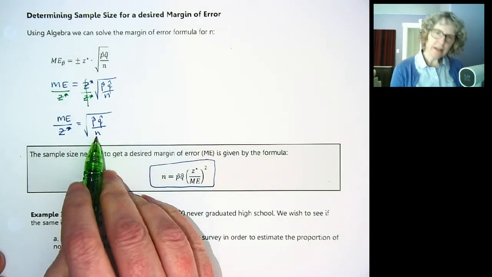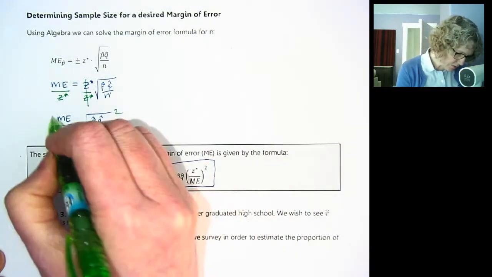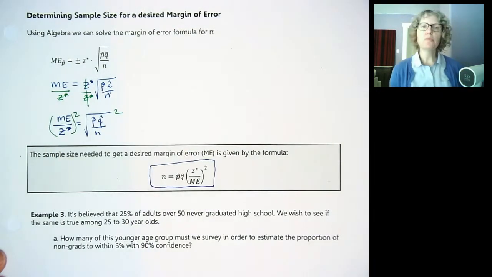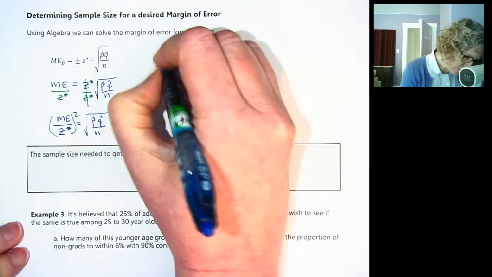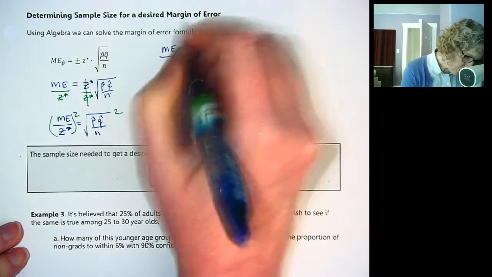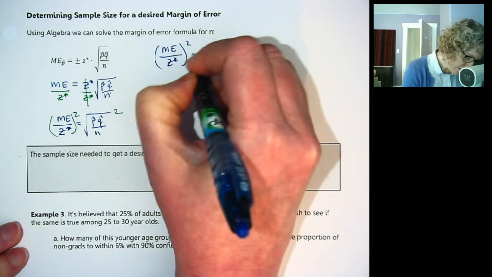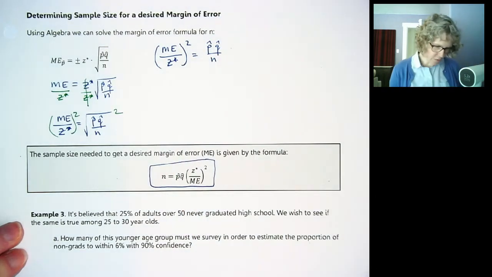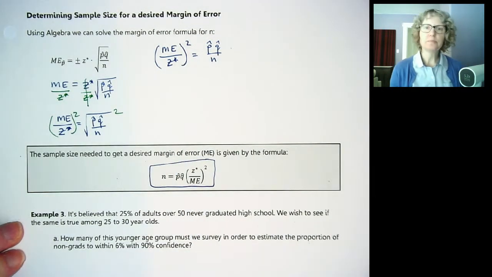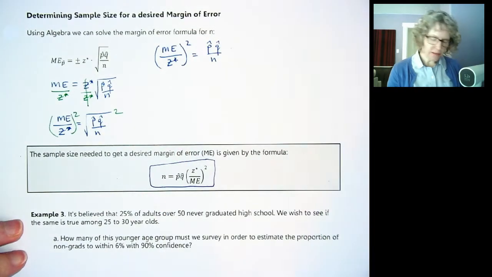We want to get the n out and solve for it, so let's get rid of the square root. We need to square both sides. Now we have the margin of error over z star, squared, equals p hat q hat over n. Now our n is in the bottom, so we want to get it into the numerator.